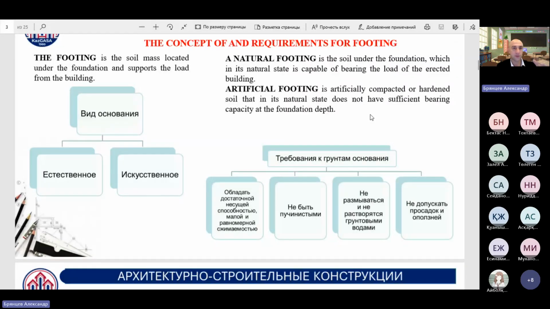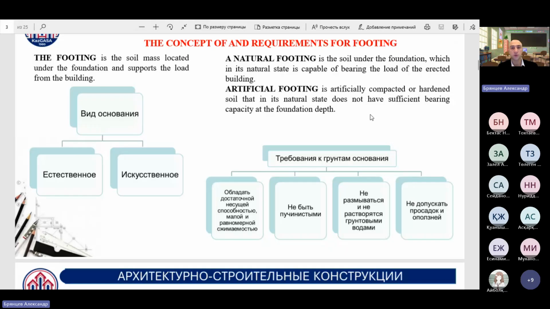Classifications of the foundations can be divided into natural foundations, естественные основания, and artificial foundations, искусственные. Natural foundations are used when the in-situ soils, the soils located on the construction site, possess sufficient bearing capacity.